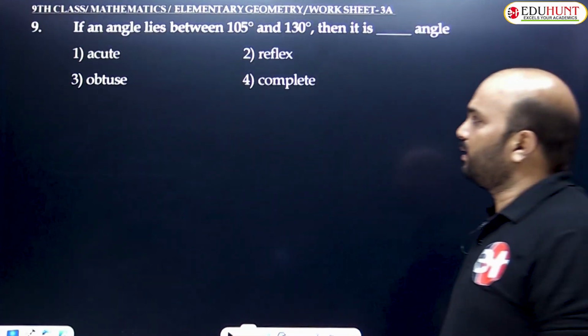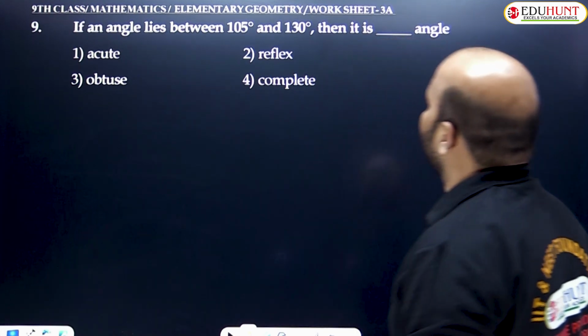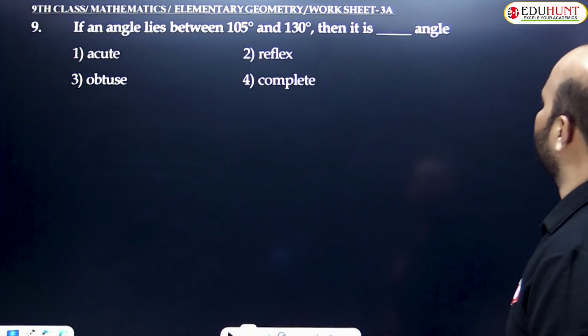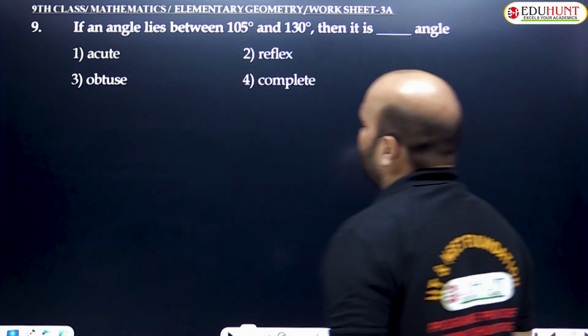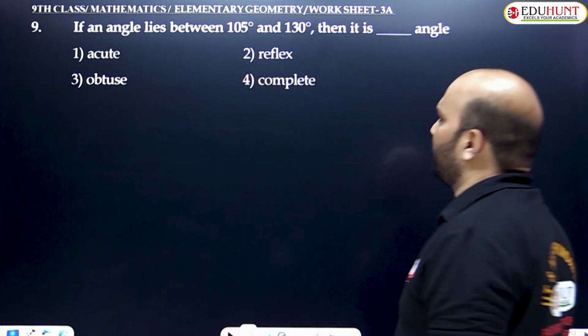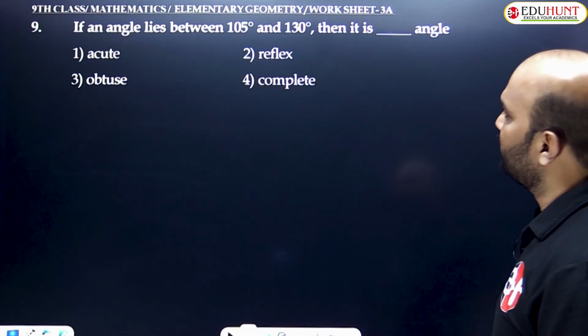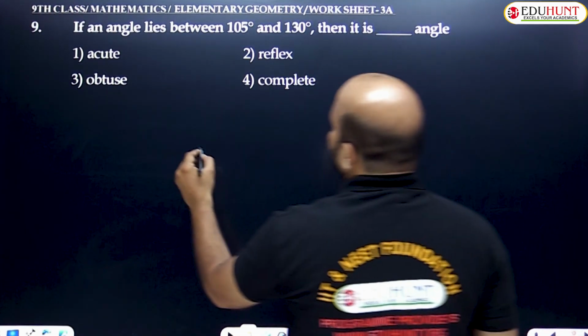So let's go to question number 9. If an angle lies between 105 degrees and 130 degrees, then it is a dash angle. Option 1 acute angle, option 2 reflex angle, option 3 obtuse angle, option 4 complete angle. We need to identify that clearly.